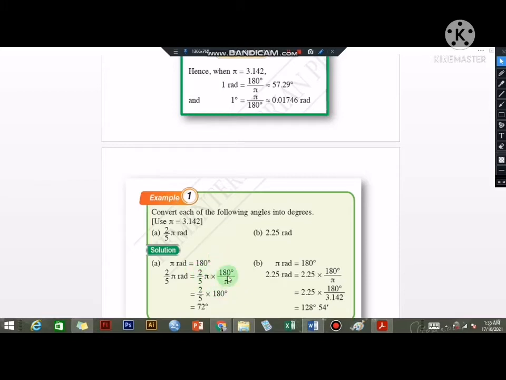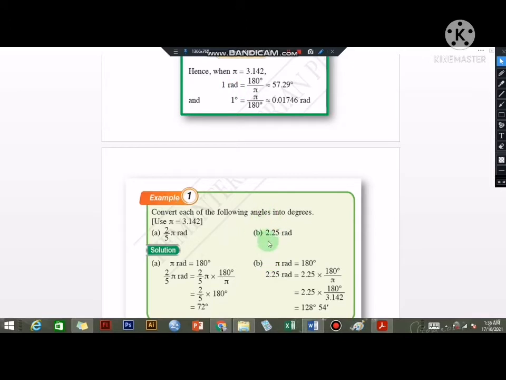You can eliminate this pi and this pi by crossing this one and this one. So 2 over 5 times 180 degree, and the final answer will be 72 degree. This is the formula in order for you to convert from radian to degree.